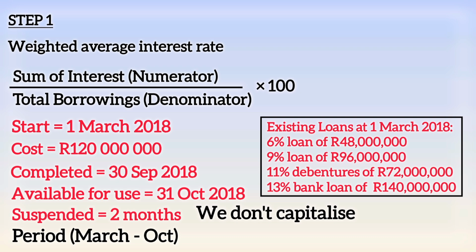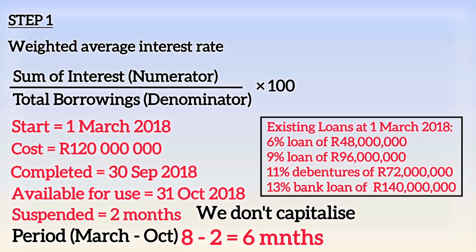So the capitalization period will start from March, April, May, June, July, August, September, October. That's 8 months. In these 8 months, minus 2 months of suspension. So that means we are left with 6 months.